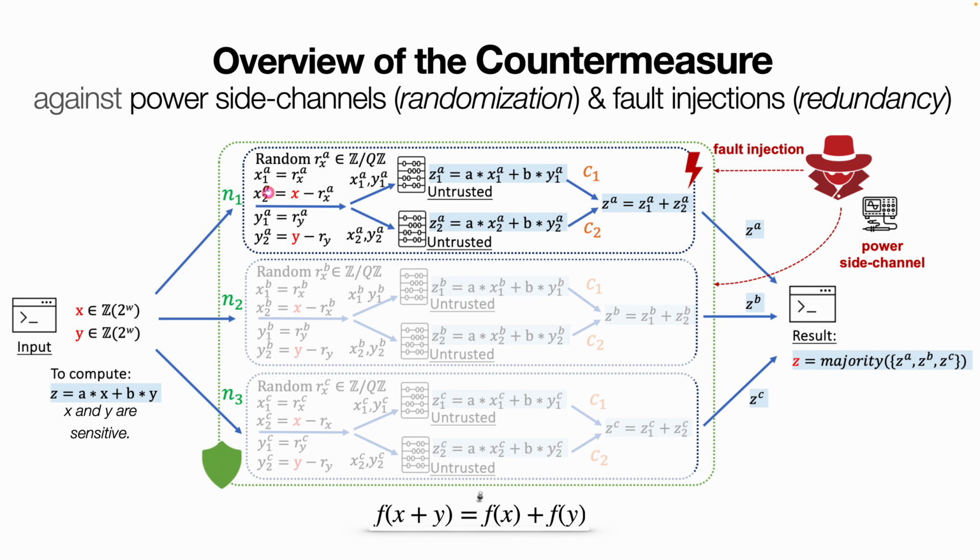So what we can do is, we provide an X for this computation, but we pick a random number, and we pick the second random number correlated with the first number and subtract it from X, so that the X1 share and the X2 share sum to X. And we do the same for Y.